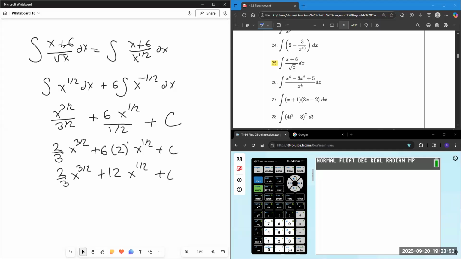And then I would like to get this back to the form that I started off with. So I'm going to multiply by x to the 1/2 over x to the 1/2 to get the square root down there and something without a square root in the numerator. So this is 2x squared plus 12x over the square root of x plus c.